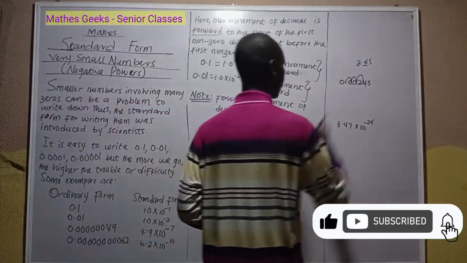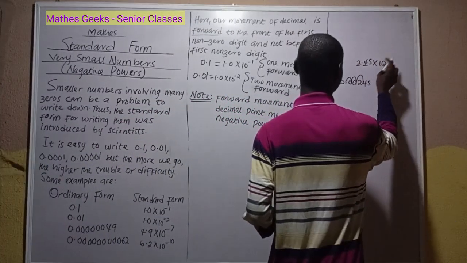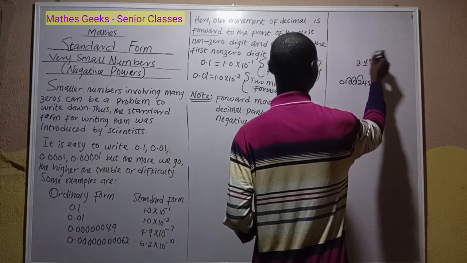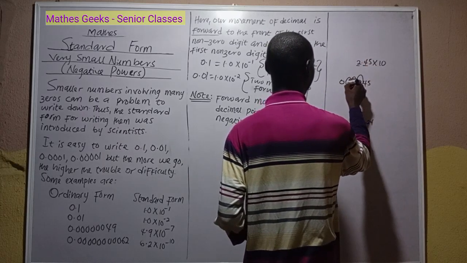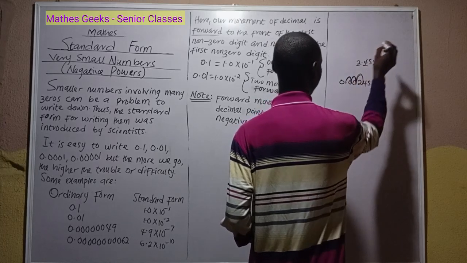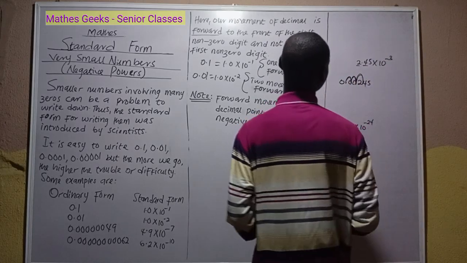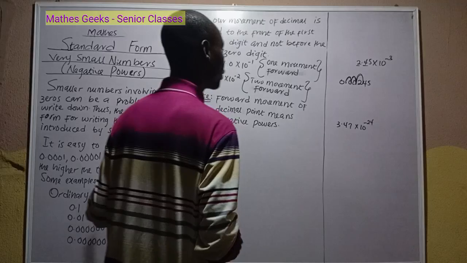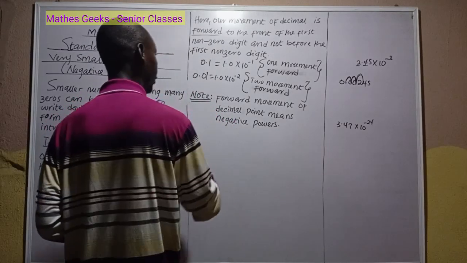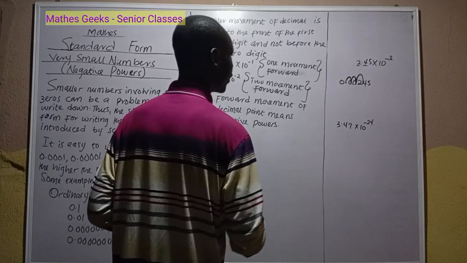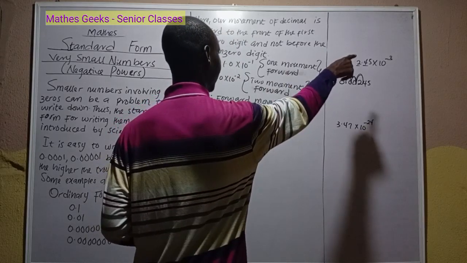Then once we do that, we multiply by 10 raised to a power. The power will tell us how many times this movement was made forward. This is 1, 2, 3, so minus 3. In the other video, it was raised to a positive power, because that's when the movement was backward. But whenever the movement is forward, it's going to be a negative power.